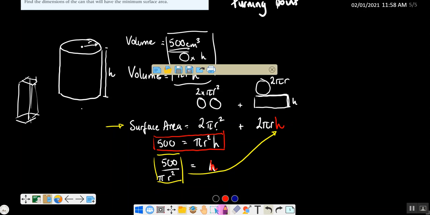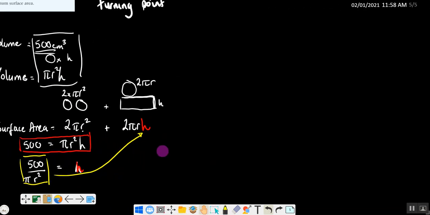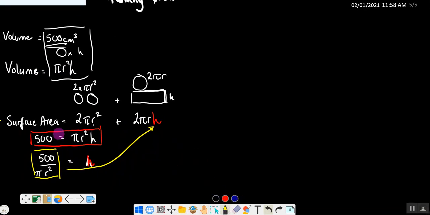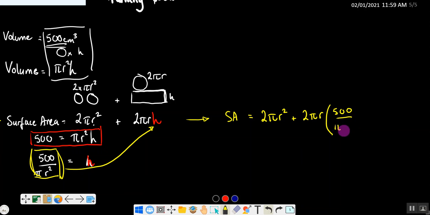So I rewrite it. The surface area now becomes surface area equals 2 pi r squared plus 2 pi r times, in brackets, 500 divided by pi r squared.